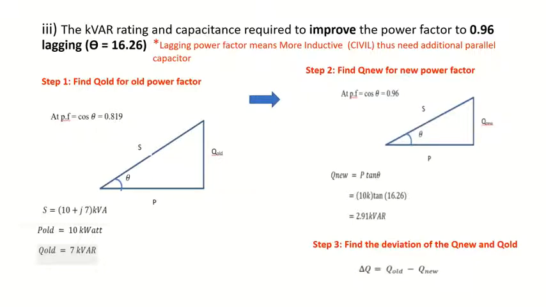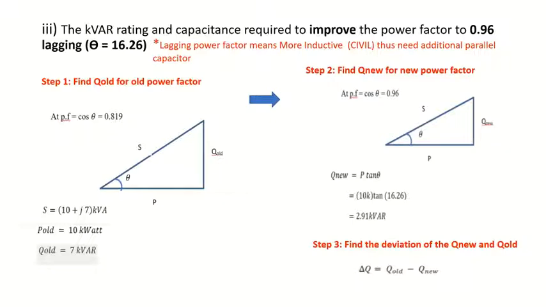So you have the same P, but some variation of the Q. The new Q, you can use the formula P tangent theta: 10k times tangent 16.26. So your Q new is 2.91 kilovar.